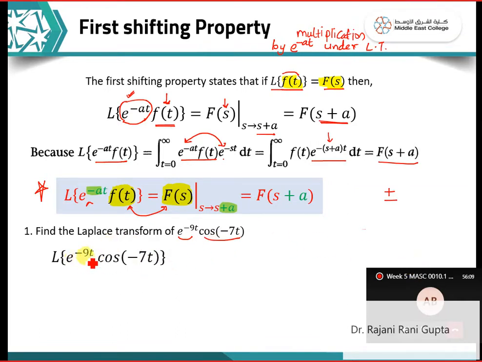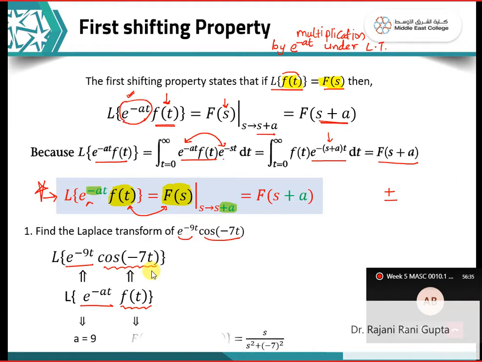We write Laplace of e power minus 9t cos of minus 7t. We compare it with our rule: in place of e power minus at, we have e power minus 9t, and in place of the function f of t, we have cosine of minus 7t.